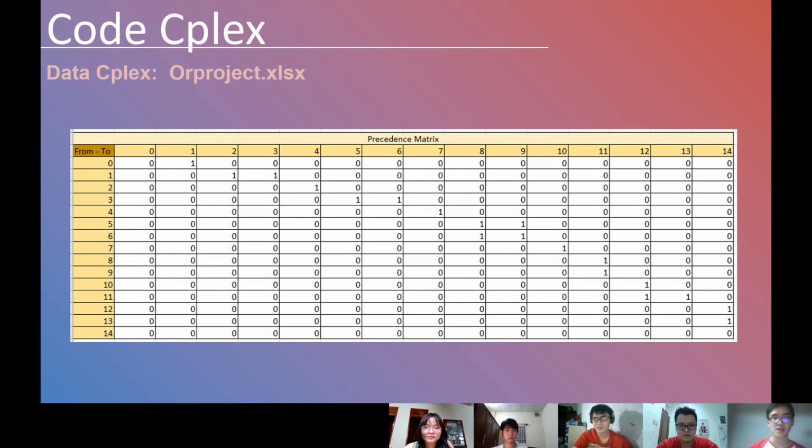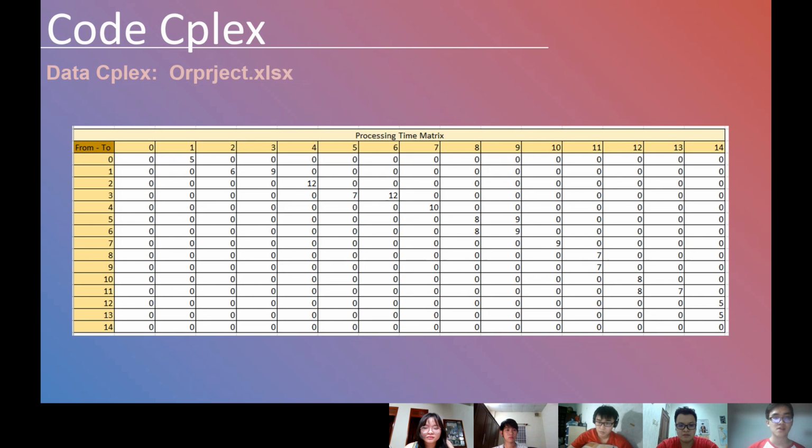And the next one is the processing time matrix. Here, we take the data from our problem. As you can see, the processing time of job 1 is 5, job 2 is 6, and job 3 is 9, and so on.